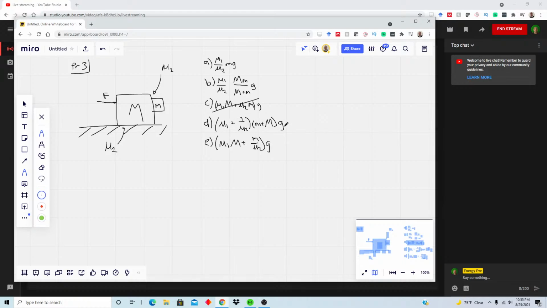That doesn't necessarily make sense, because this thing should almost be able to be held up on its own, even with just a little bit of acceleration, if we take mu2 to be infinity. So this one we could probably write off, and probably the same goes for this one as well. So we know our solution will end up being one of these two, right?